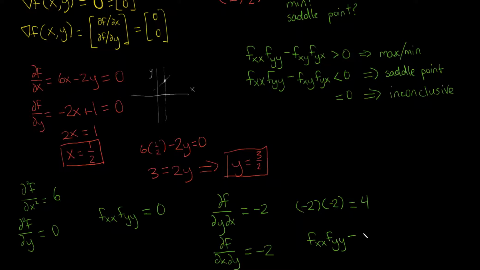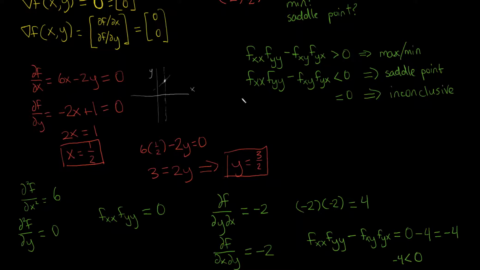We subtract off our mixed partial derivative terms, and we know that the first term equals 0 and the second term equals 4, so this will equal negative 4. And negative 4 is less than 0.